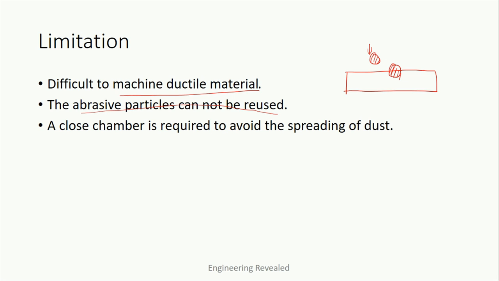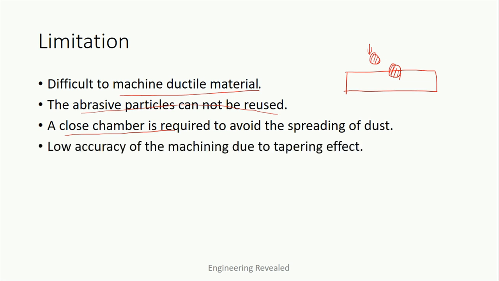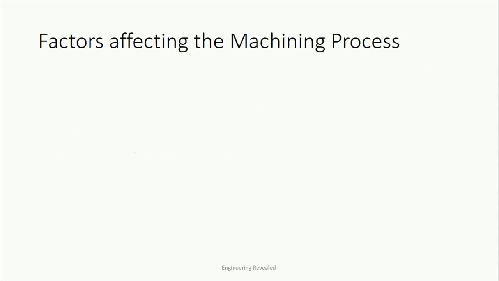That means there will be a huge amount of dust around the machining part, so a closed chamber is required to avoid spread of dust. Last one is the low accuracy of the process, due to the tapering effect, because the abrasive jet does not flow in the same streamline. Sometimes due to the spreading effect, the direction also changes a little bit.